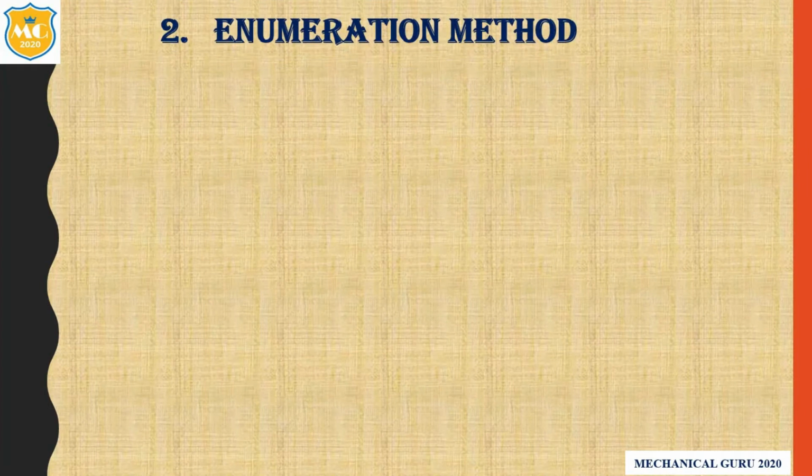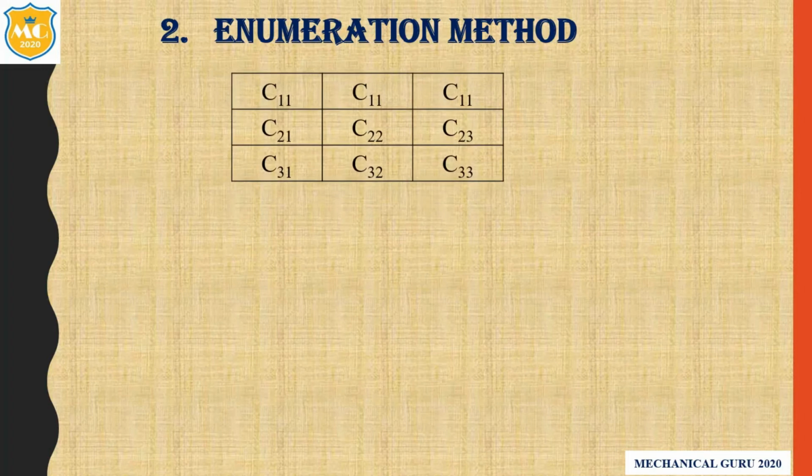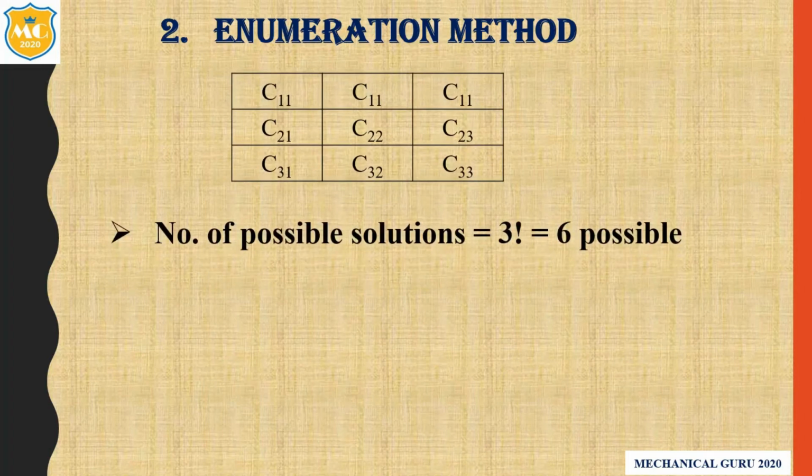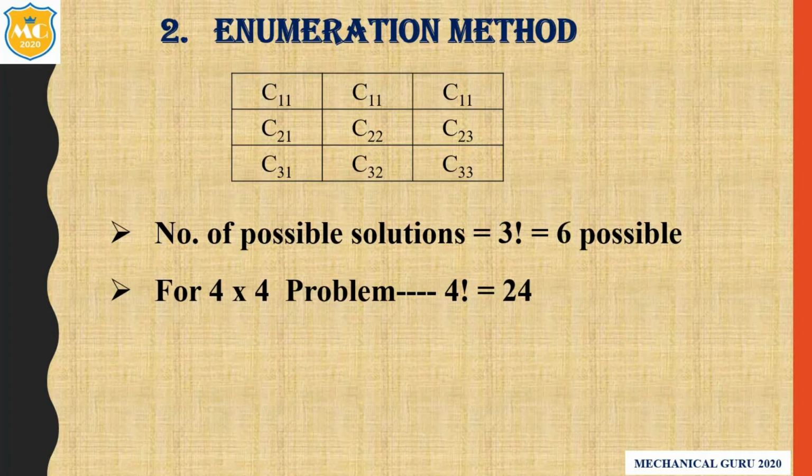Enumeration method. Same thing in the enumeration method. Suppose the matrix is 3 by 3. So there will be 6 possible solutions. Similarly, if you consider a 4 by 4 problem or 4 by 4 matrix, then the possible solutions are 24.